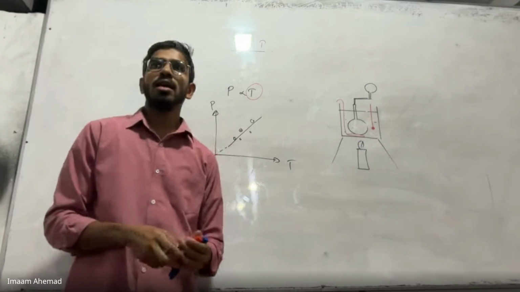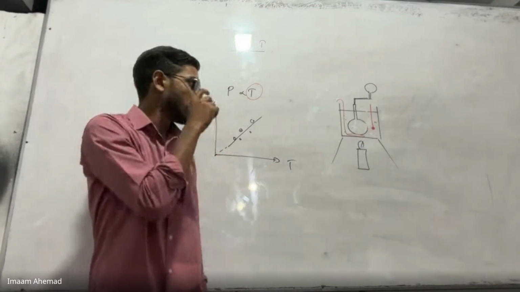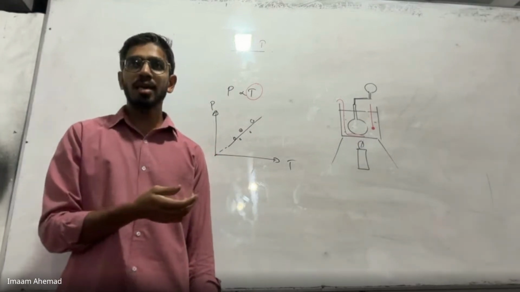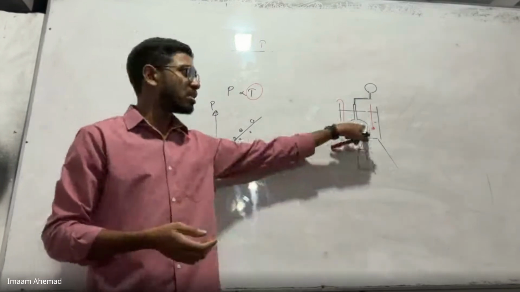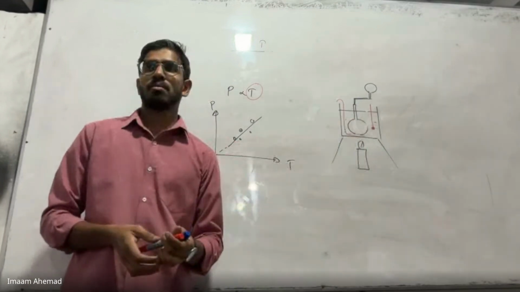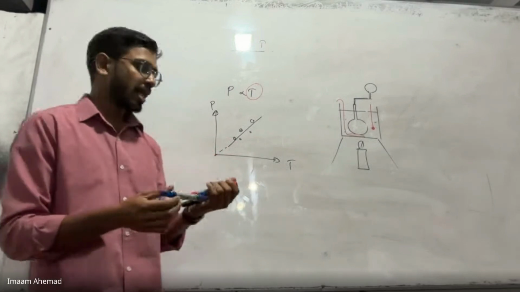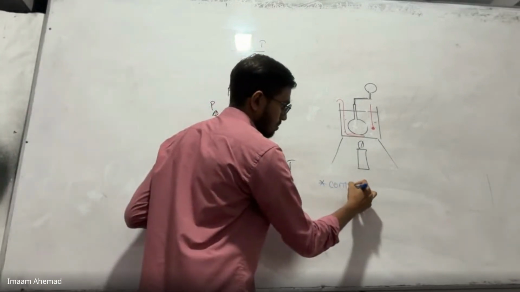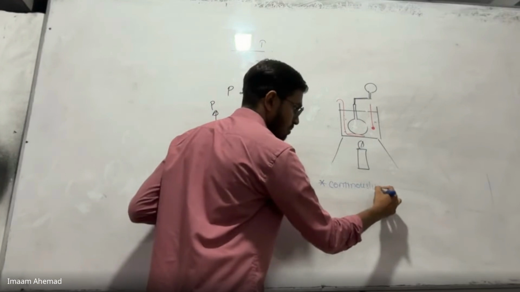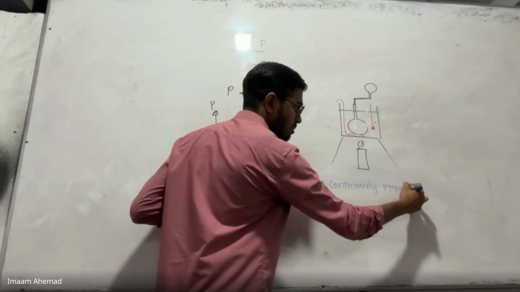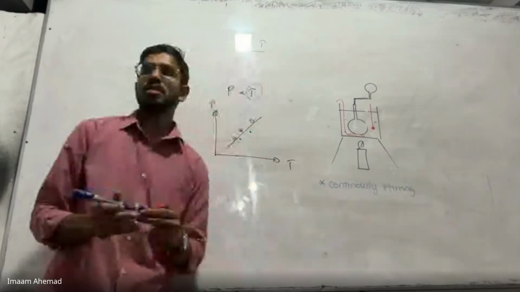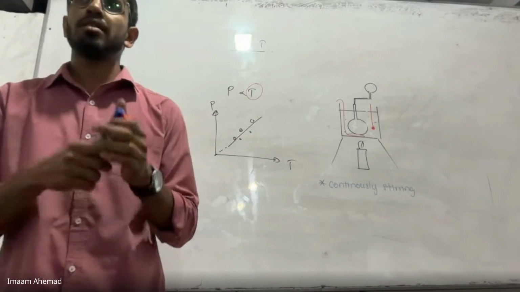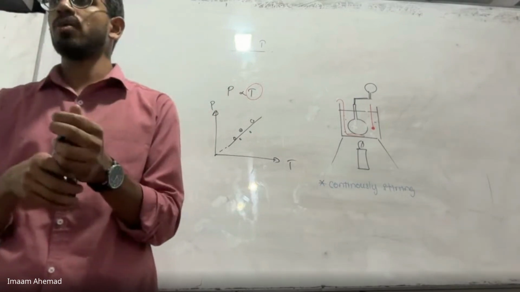So what experimental procedure can we take to make sure they are the same? One is continuously stirring. What's the other procedure we can use to make sure that this temperature and this temperature become equal?